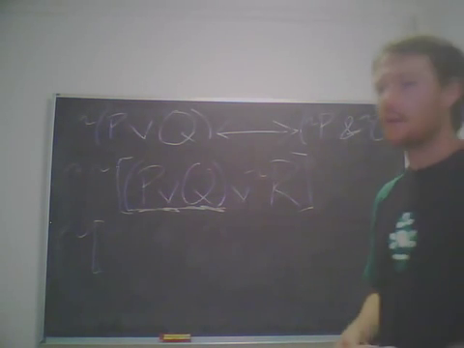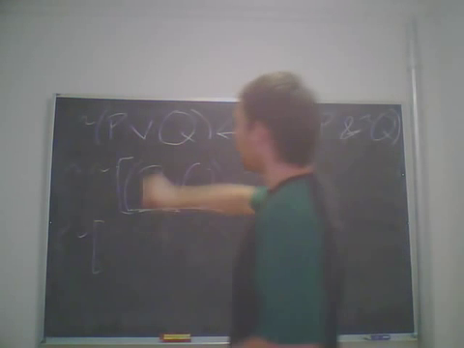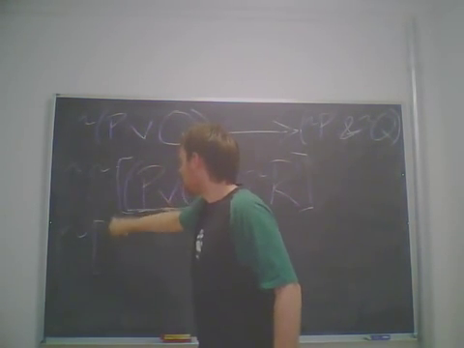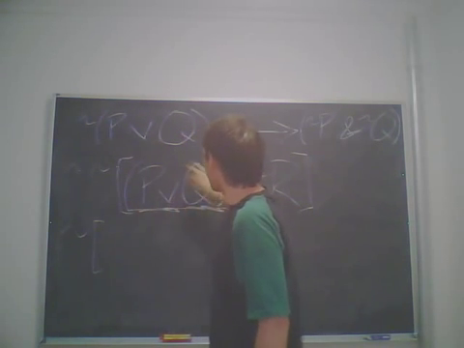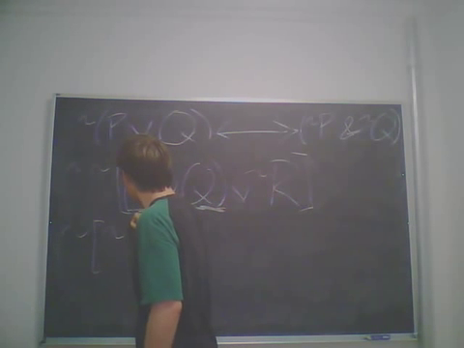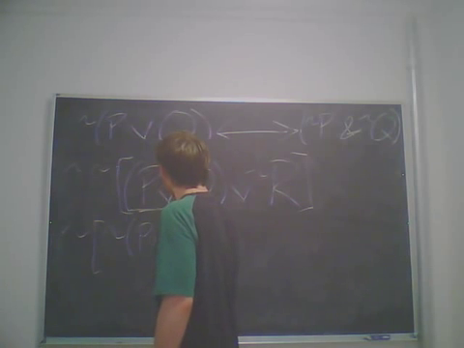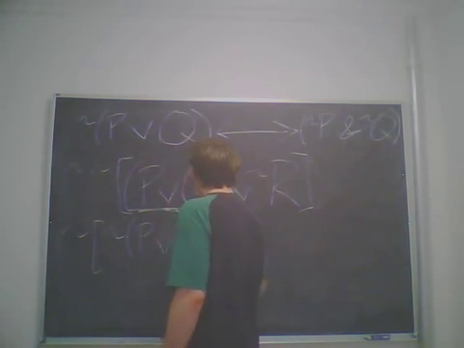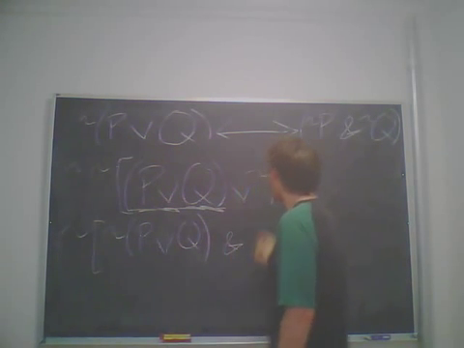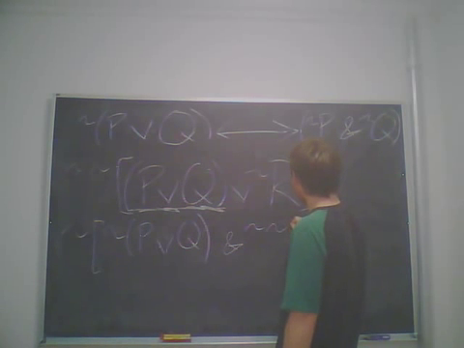So I carried down this negation, dropped this one out, got my square brackets, and now I apply a negation to the left-hand side stuff, and copy back down what I have there, which is P or Q. Then I change my disjunction to conjunction, and negate the stuff on the right-hand side, so I have a negation of the negation of R.